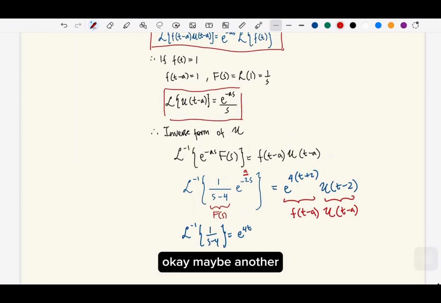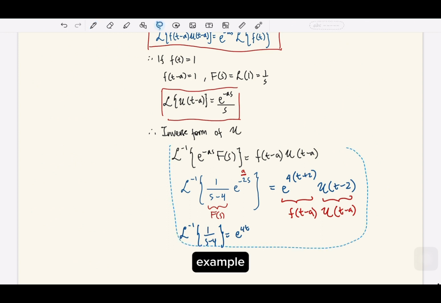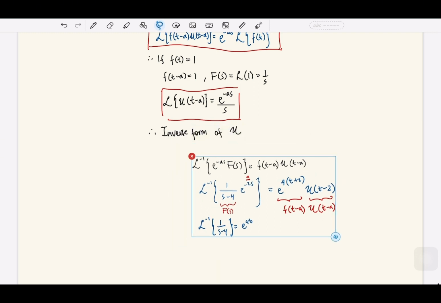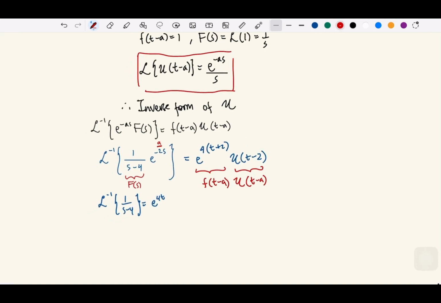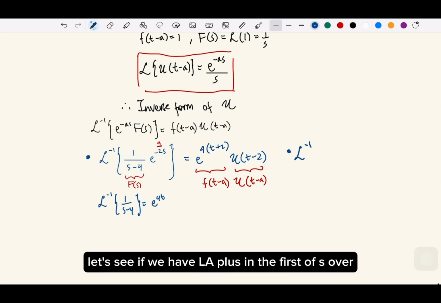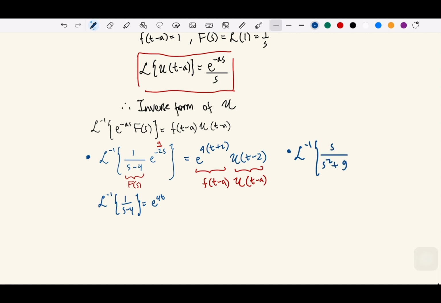Okay, maybe another example. Let's see if we have Laplace inverse of s over s squared plus 9, and then we multiply with e to the negative pi s over 2.